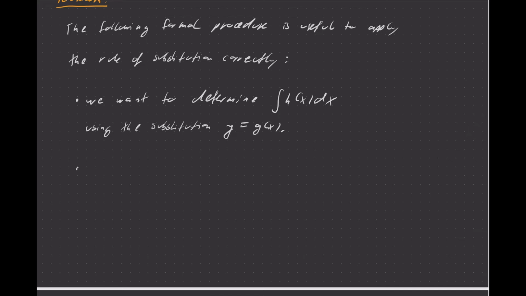Then the first thing that we do is we determine g prime, basically. So we determine dy over dx, and that is g prime of x. We take this y of x expression and differentiate that with respect to x.